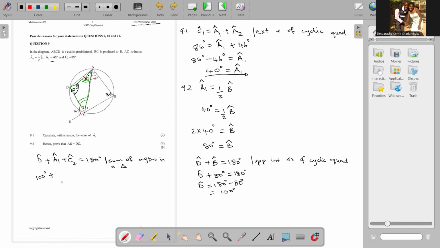The size of A1 is 40 degrees, plus the size of C2, which we do not know. That must give us 180 degrees.